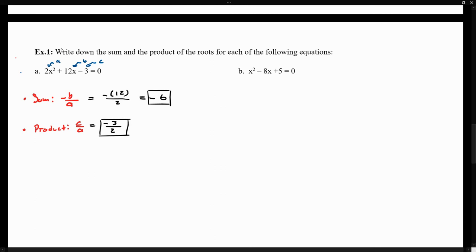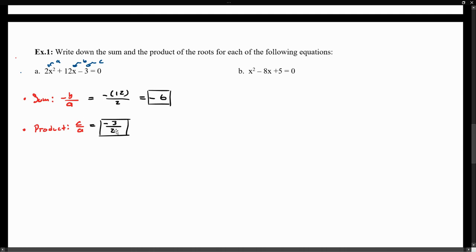But notice that here we're not saying what are the solutions. Here what we're saying is that whatever those two solutions are, which we're not going to find those solutions, you can find them on your own. Whatever those solutions are, if I were to add those two solutions, I know that it's equivalent to negative 6. And whatever those two solutions are, if I were to multiply them, that will be equivalent to negative 3 over 2.